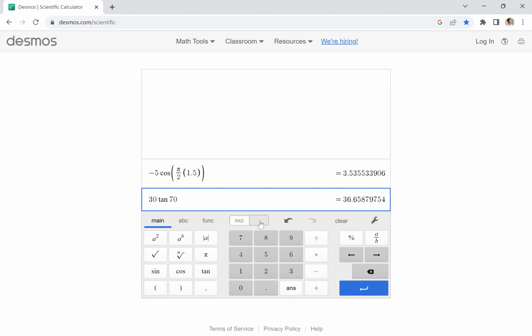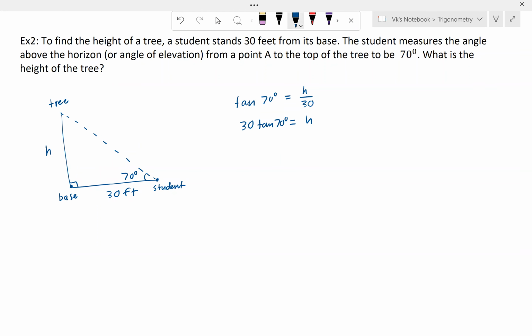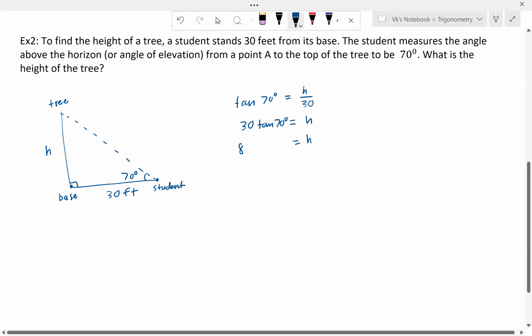We need to switch the mode to degree to get the correct answer: 82.42 feet. Remember, use the mode as appropriate with the angle. If the angle is in degrees, use degree. If the angle is in radians, use radian. So h is 82.42 feet.